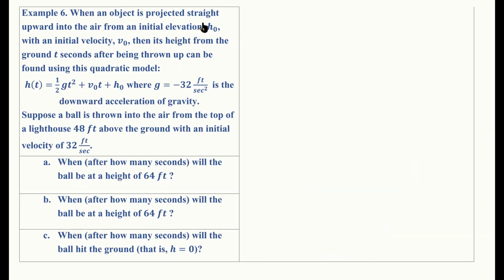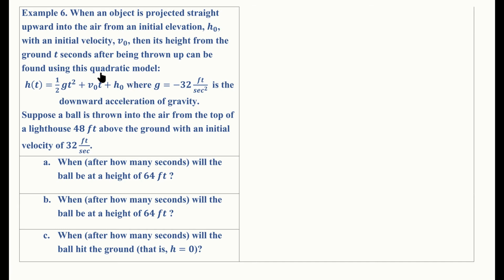All right, here's a problem that a lot of people find scary, but it's really not that bad once you just relax and read it. When an object is projected straight upward into the air from an initial elevation h0 with an initial velocity v0, then its height from the ground t seconds after being thrown up can be found using this quadratic model.